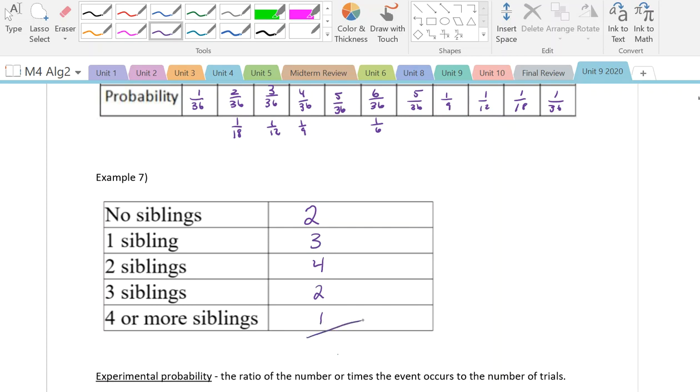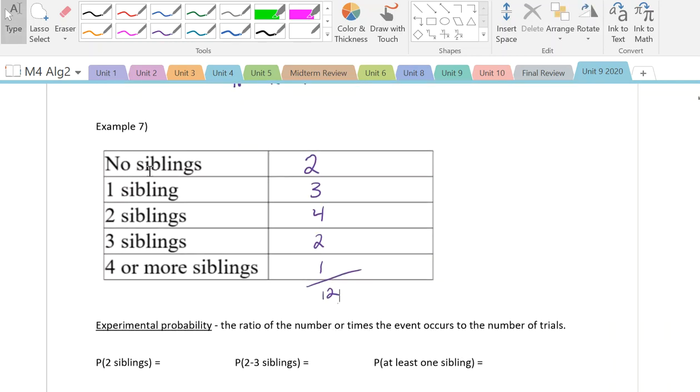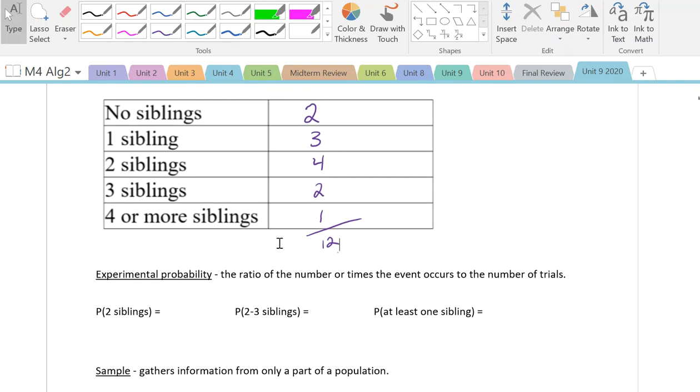So, for a total of 12 people surveyed. Okay, so here I have some experimental probabilities.